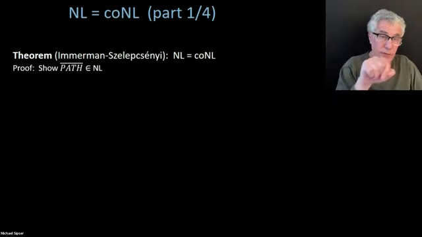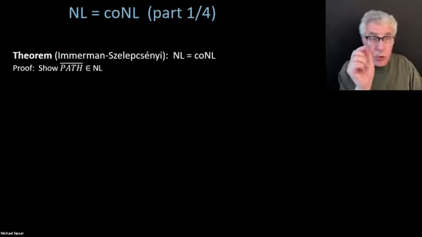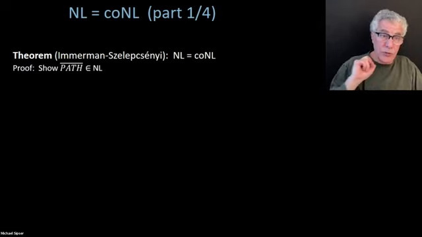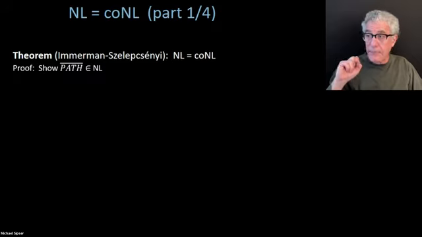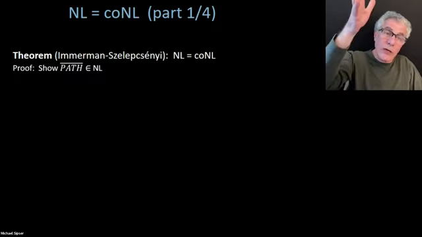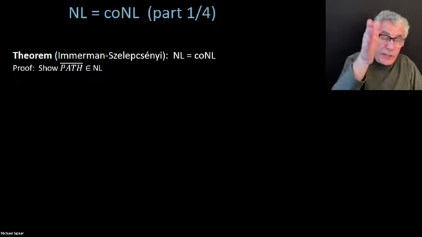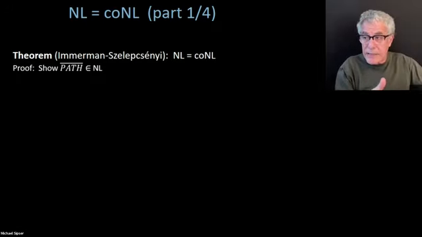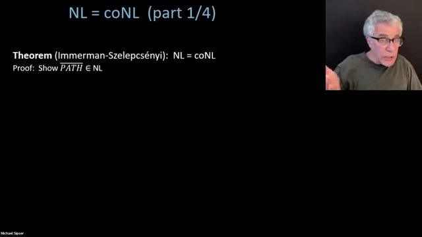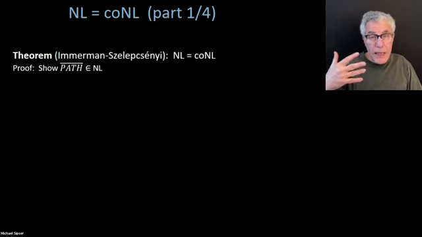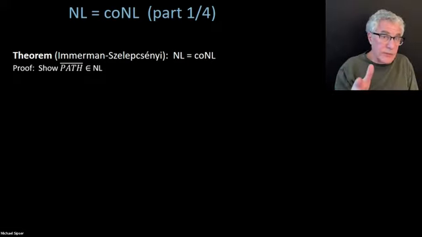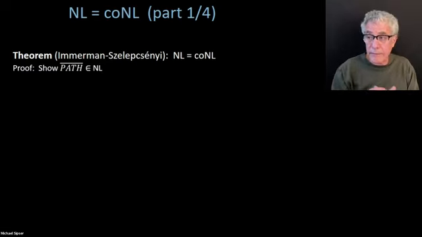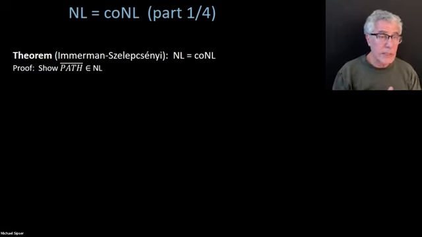Some branch is going to make a sequence of guesses, and it has to be sure that there's no path, and then it can accept. If you could make a separator that cuts the graph and separates S from T, you would be good. The only problem is there's no obvious way of doing that, because such separators are probably too big to write down in log space.